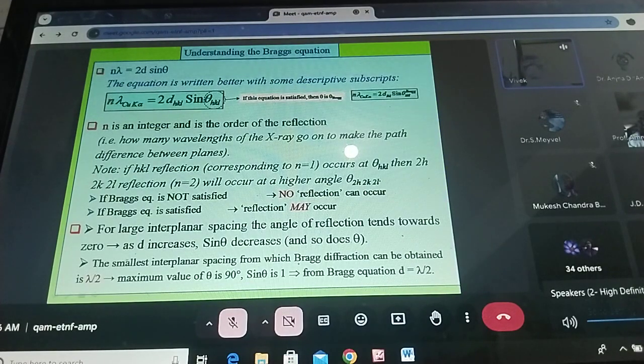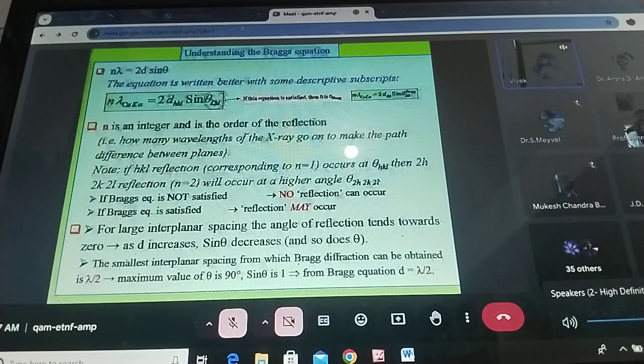Now we'll come to understanding the Bragg equation. The Bragg equation is 2d sin theta equal to n lambda. This equation is written better with some descriptive subscript. So now you can see, if we are using copper radiation, 2 d_hkl sin theta_hkl. From a plane d_hkl, if it is the 1, 1, 1 plane, then theta will also be written as theta_111.